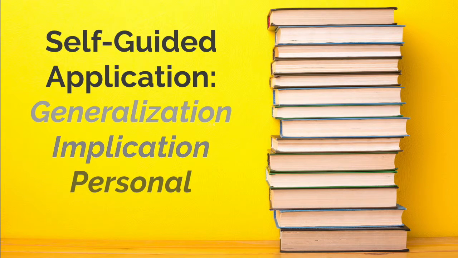Thirdly, you're going to move from generalization to implication to personal application. So here is where you get into a lot of maybe small group discussion. You want to prompt students to think of ways that the principle or the main idea affects them personally. And if this is appropriate, then ask for examples. And this will be different in various stages of life.